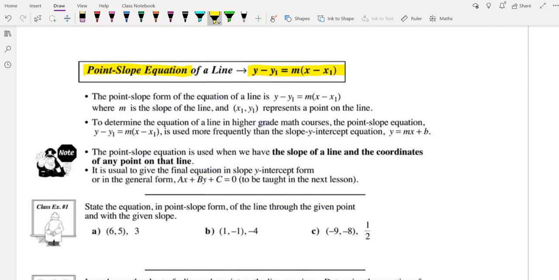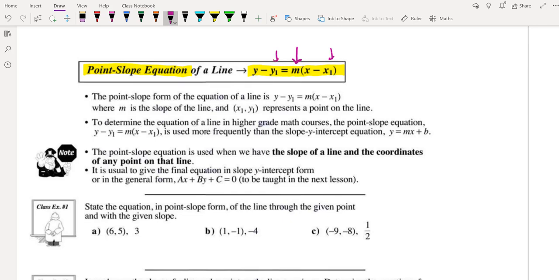Honestly, y equals mx plus b, the slope y-intercept form, is the one you're going to use like 99% of the time. However, depending on the information you're given, you may use other formats. So the point slope equation comes in handy when you know the slope and another point which isn't the y-intercept.